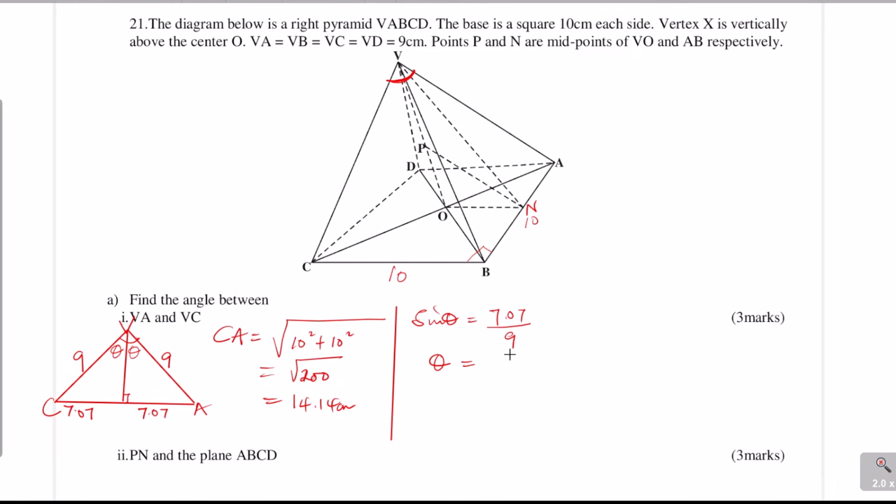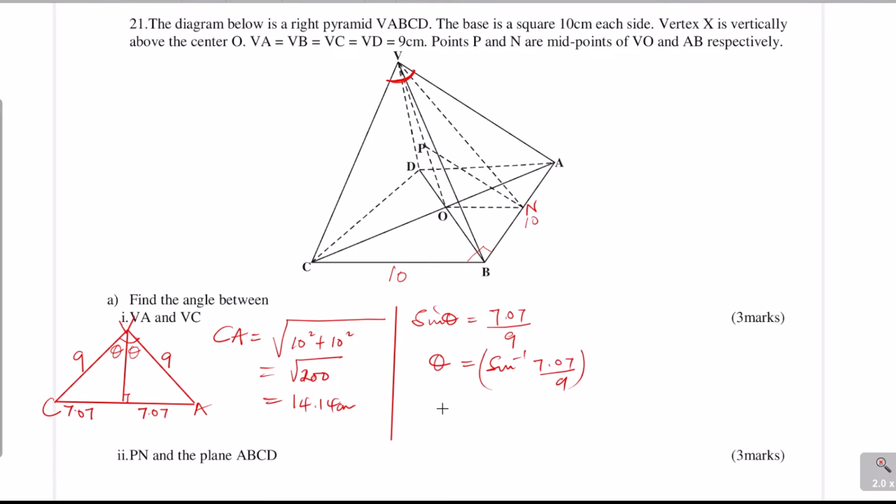So angle theta will be given by sine inverse of 7.07 divided by 9. So that is what you're supposed to do. I get 7.07 divided by 9, and then you get the sine inverse of that.